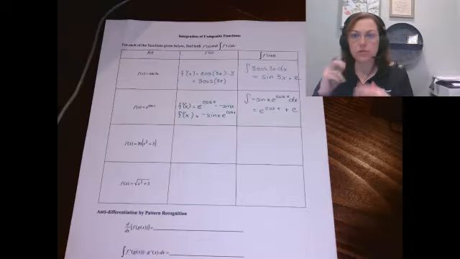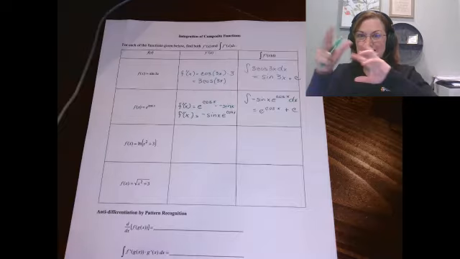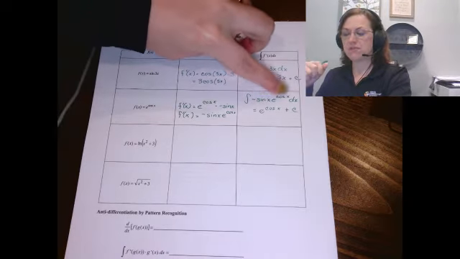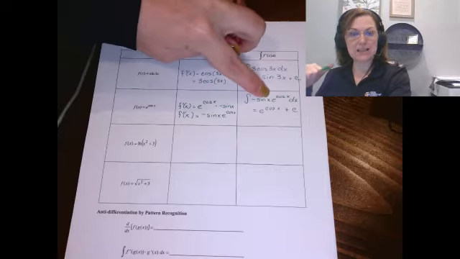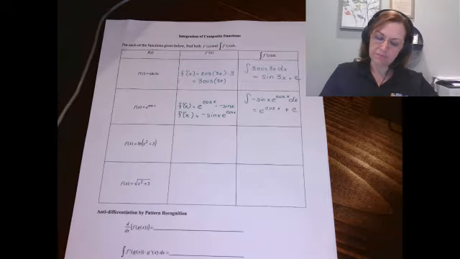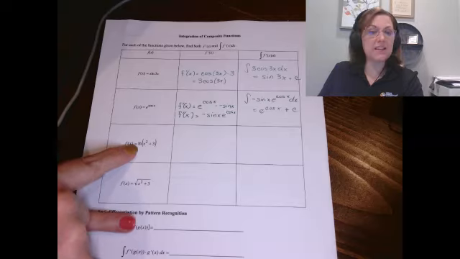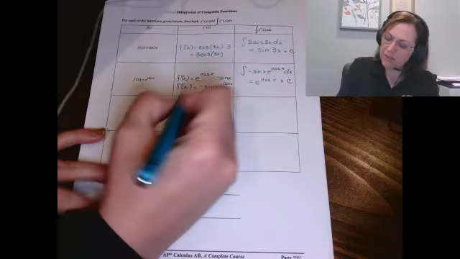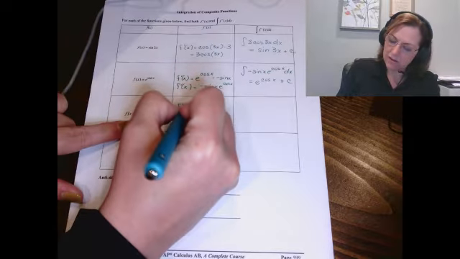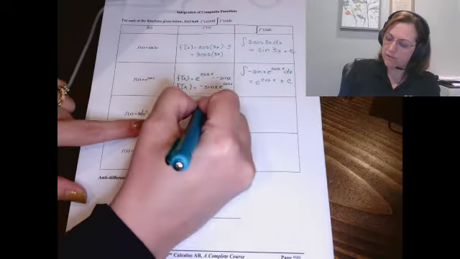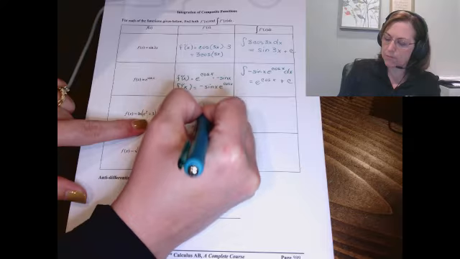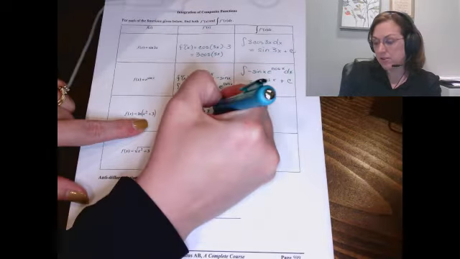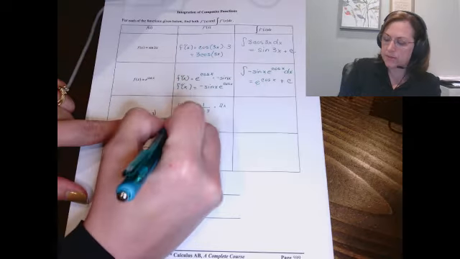Okay, so very important when we have this nested function, this composition of functions, that we have the derivative of the inner function sitting there. That's important. Okay, let's look then at ln of x squared plus 3. Well, the derivative of the ln would be 1 over x squared plus 3 times the derivative of x squared plus 3, so times 2x.